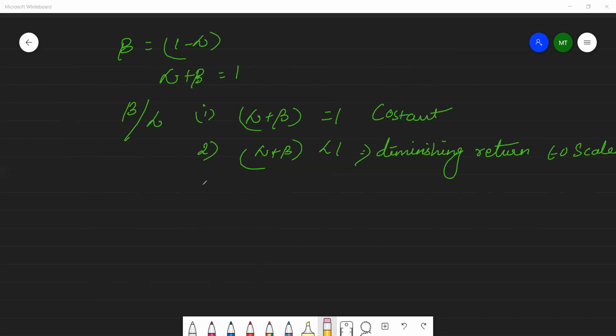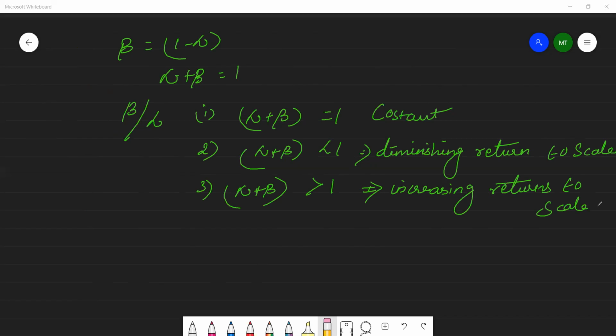Third, alpha plus beta greater than 1 is increasing returns to scale.